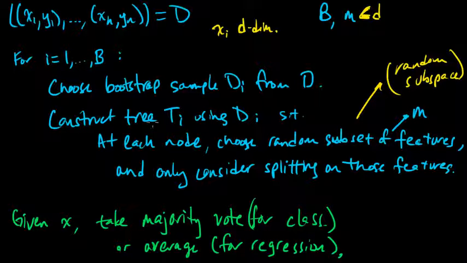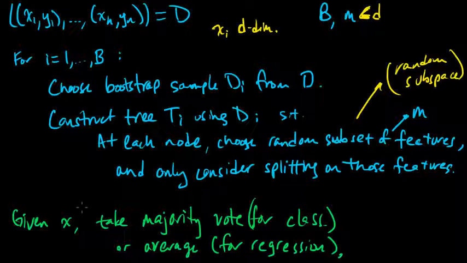Each individual tree has high variance, but by averaging over an ensemble of trees, which is why these are also called ensemble or aggregation methods, you can reduce the variance of the overall final estimator.